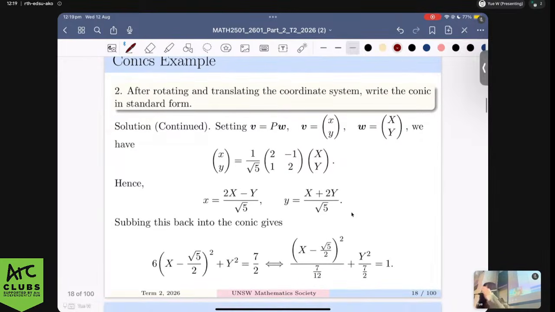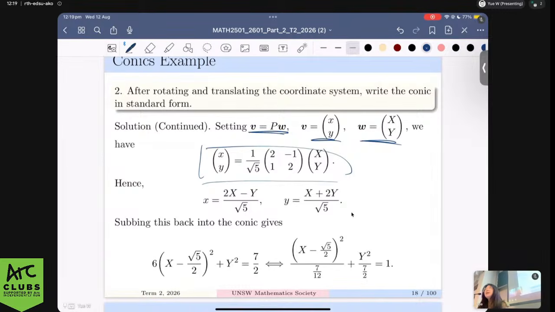Okay, and this is just a continuation. So we know from before that we have to set V to be P multiplied by some vector W, right? If we set our V to be some vector xy and our W to be capital XY, we have this expression here.